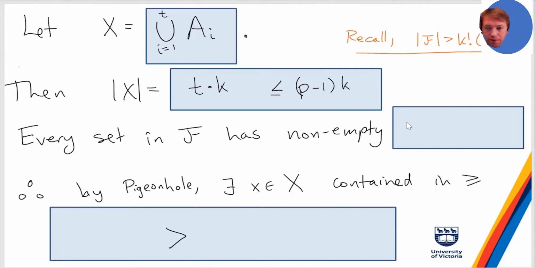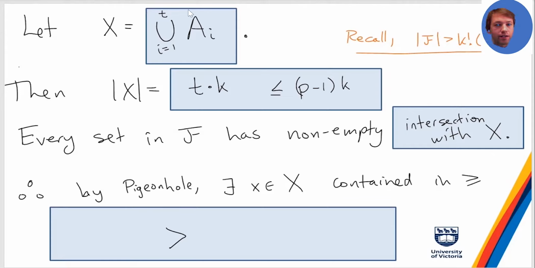Here's the observation I mentioned before: every set in F has non-empty intersection with X, including the sets A1 up to AT, because they intersect themselves. If I had something in F that didn't intersect X, then I could just increase the AIs.